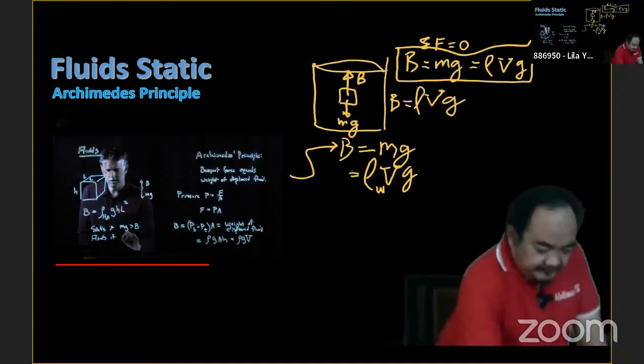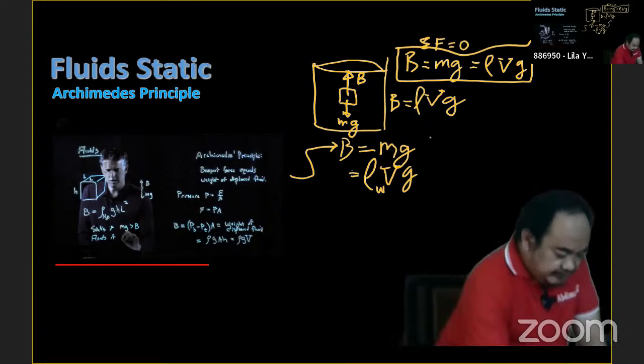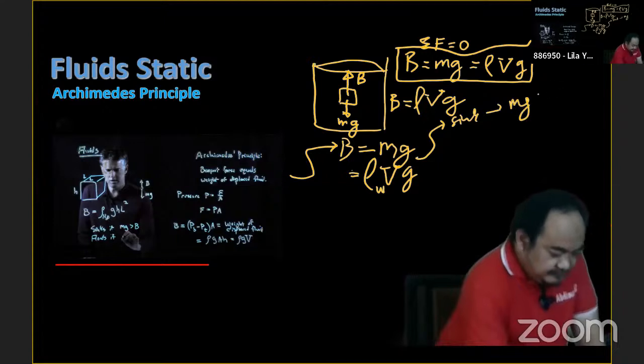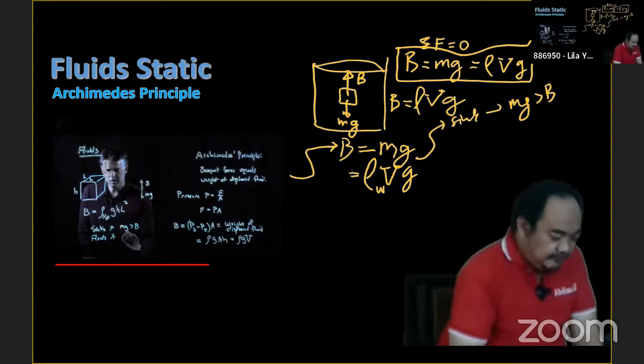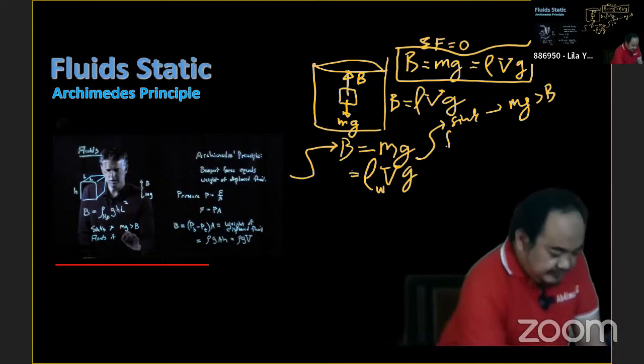From the video, you can understand that the object will sink if the weight is larger than the buoyant force, and float when mg is less than the buoyant force.